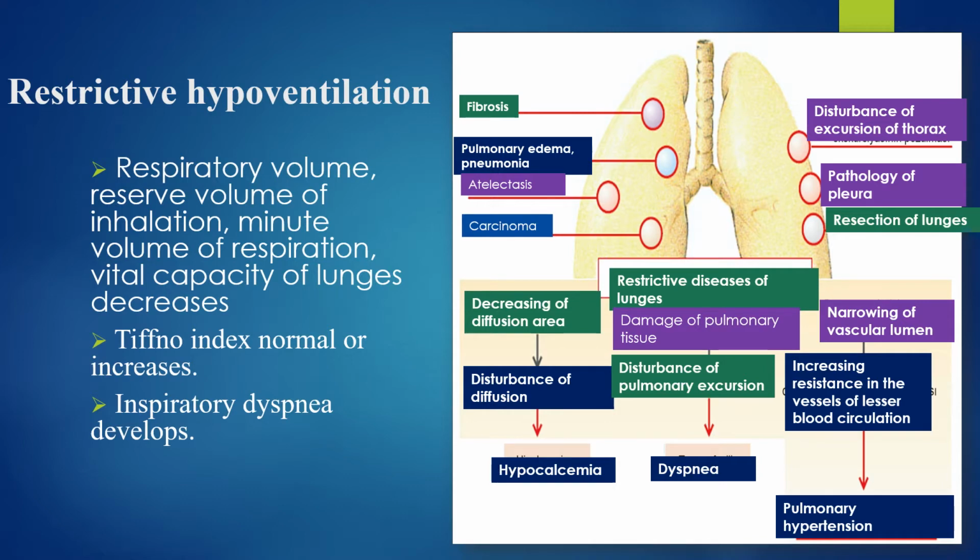Pulmonary pathologies that are accompanied by the restrictive type of hypoventilation include pneumonia, tuberculosis, a tumor or lung resection, pulmonary edema, pneumosclerosis, atelectasis, and etc. Extrapulmonary causes include pleural pathology, pleuritis, pneumo-, hydro-, and hemothorax, processes that disturb the movement of the diaphragm, ascites, peritonitis, damage to the phrenic nerve, and etc.